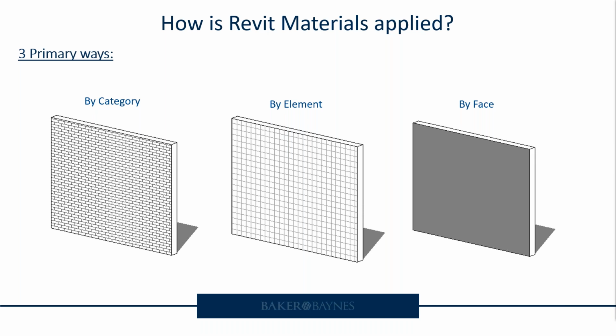This means that all walls will share this material. The second one has a tile finish that is assigned by the element, meaning that this material will be applied to all walls of the same wall type. And the last one has a solid darker color that is painted on a single face, which overrides the material that is assigned to the wall type.